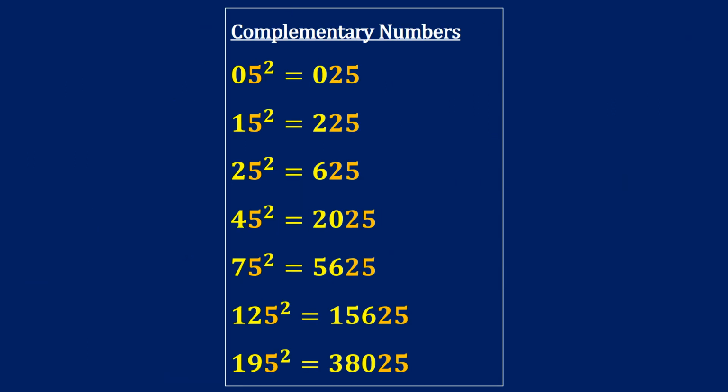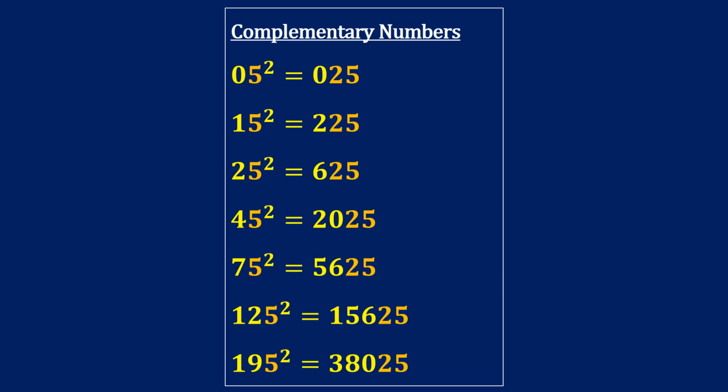In other words, for the square of a number ending with 5, the number is called a complementary number. For example, 15 square is 15 into 15, which is 225. Please refer to multiplication tricks for complementary numbers.